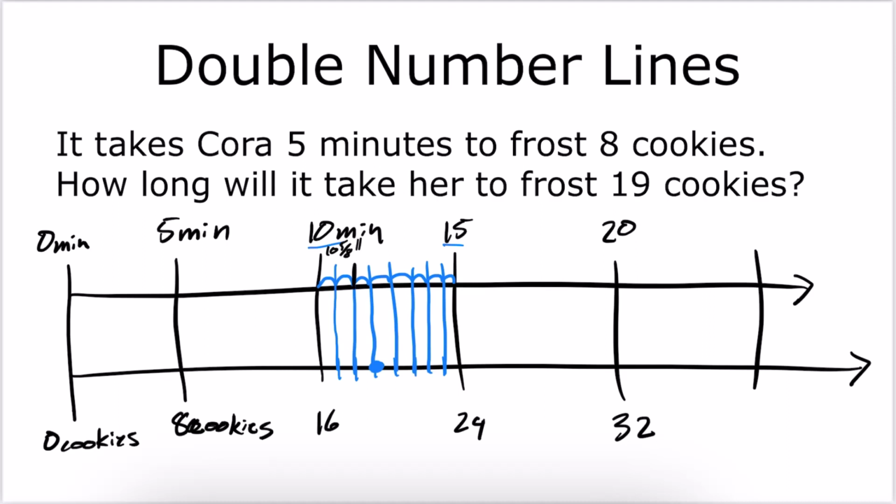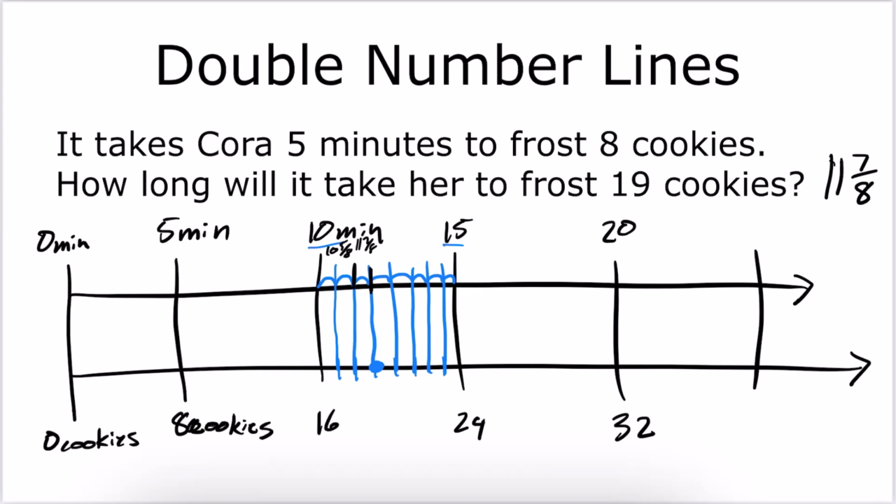Won't have lots of room here. But that's okay because I'm almost there because my next tick mark will be the one that I'm looking for. And if I do 11 and 2/8 plus 5/8, that would be 11 and 7/8. And so it looks like it will take her 11 and 7/8 of a minute to frost 19 cookies.